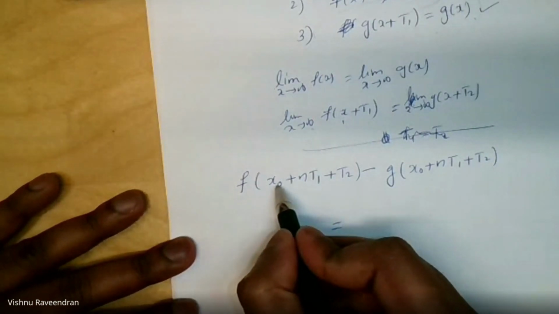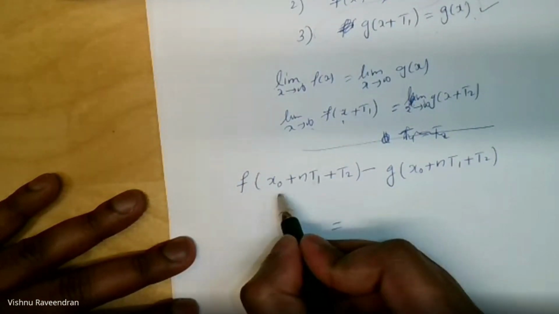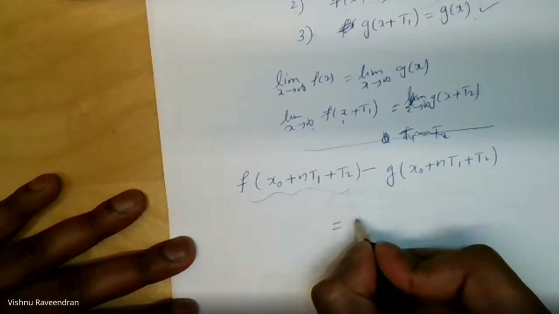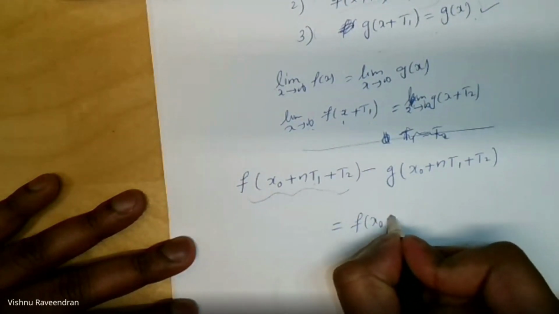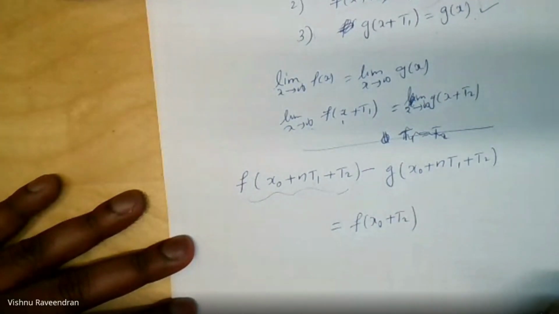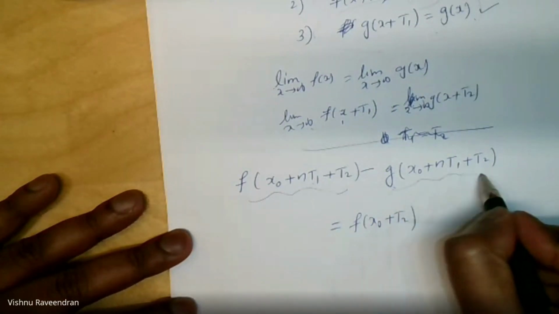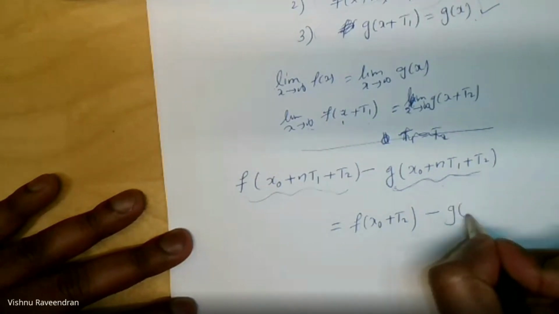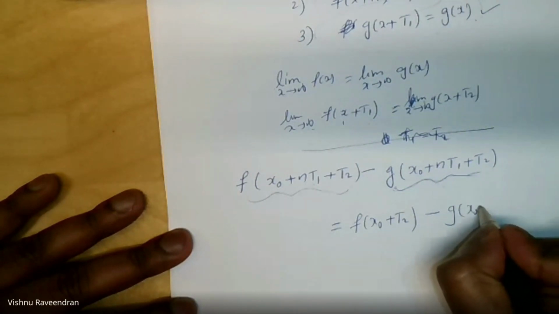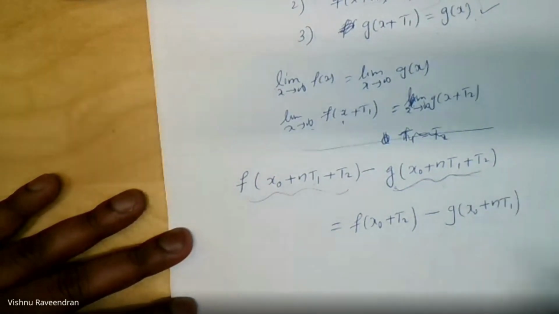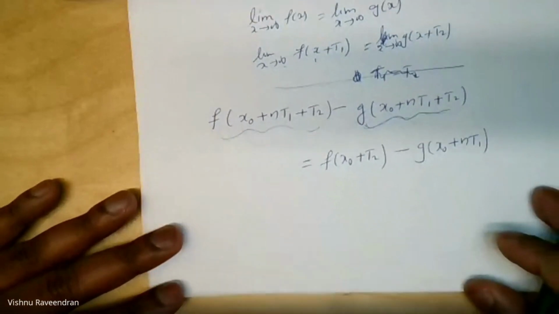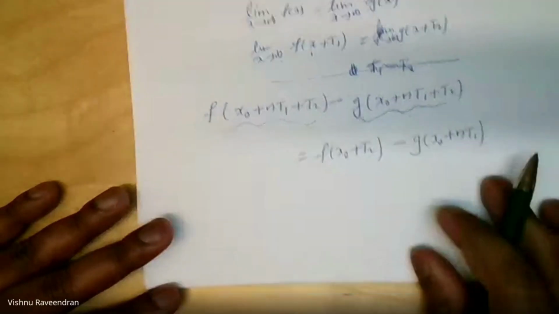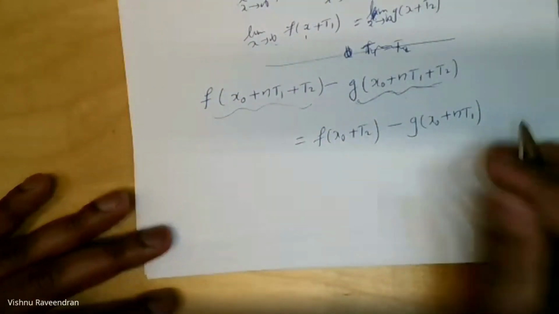We know f has period t1, right? So this whole term we can just write as f of x naught plus t2. And g has period t2. So this whole term we can write as g of x naught plus nt1. This is okay, right? If I'm making some mistake, please correct me, okay?